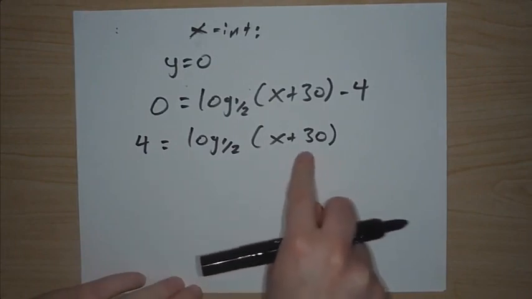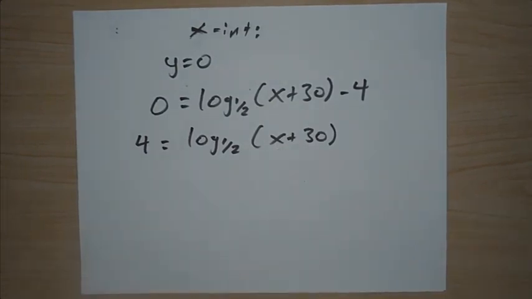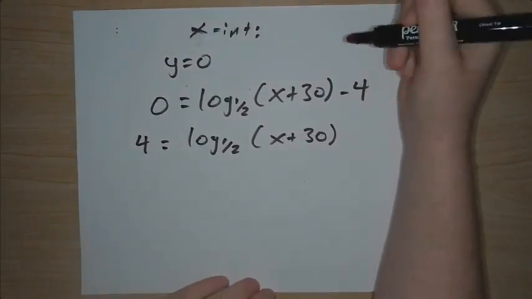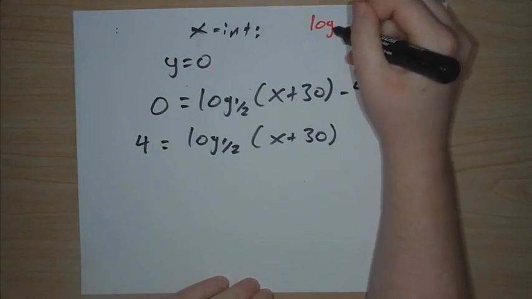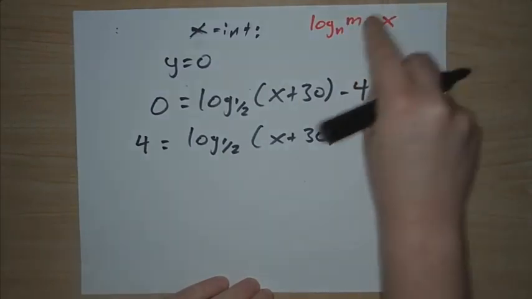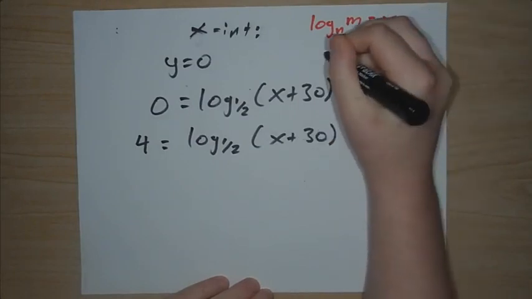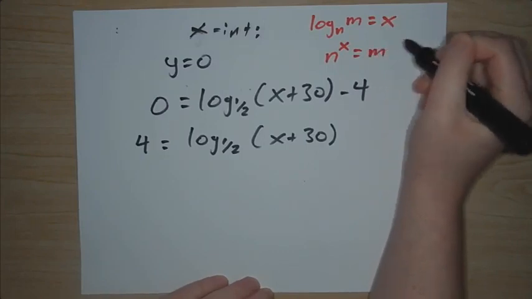And now to get our x alone, we need to remember what logarithms mean. So logarithms essentially have a formulaic response. If we have a log of base n of m equal to x, this is equivalent to n to the x is equal to m.